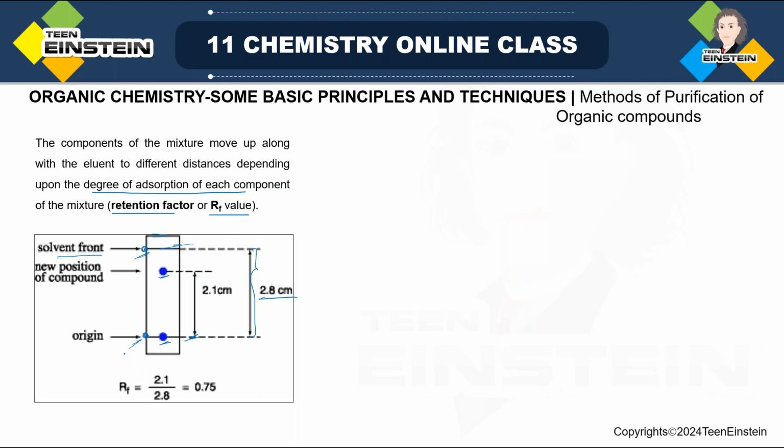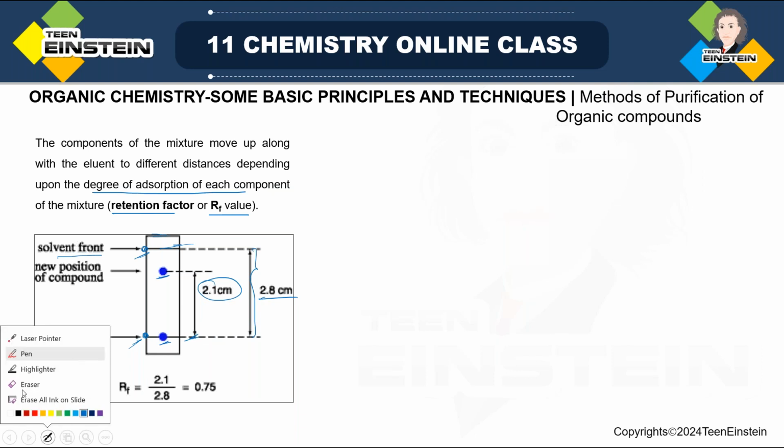So this is the starting point for both of them. After elution of the solvent, the position of the spot is here, and the value we are getting is 2.1 centimeter. If you divide this 2.1 centimeter by the total distance of the solvent, we get the value 0.75. Similarly, suppose there is another spot which is somewhere here, and you now have to measure the distance.